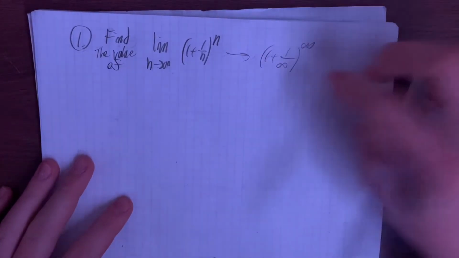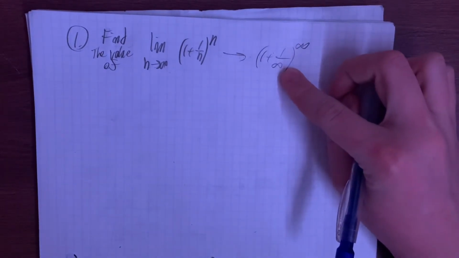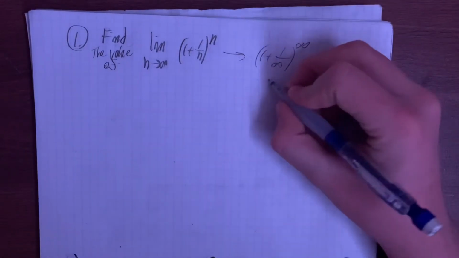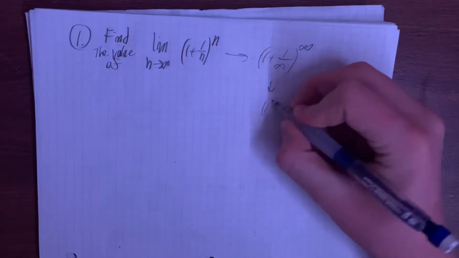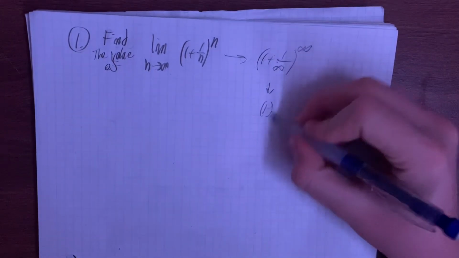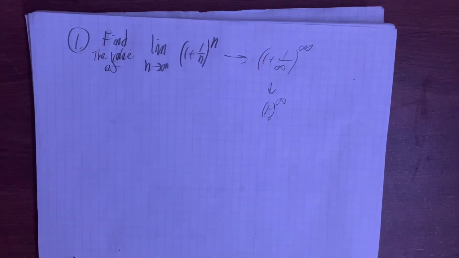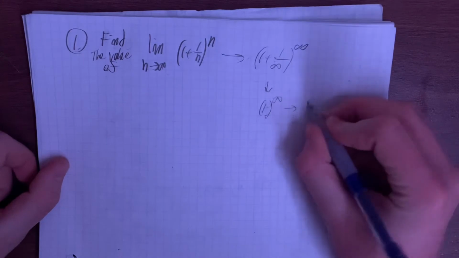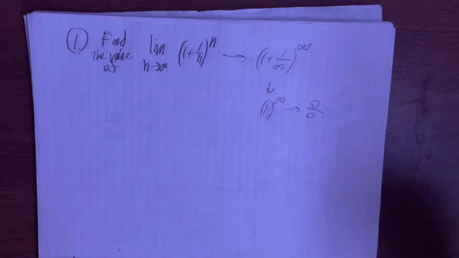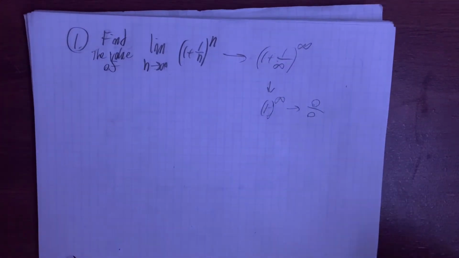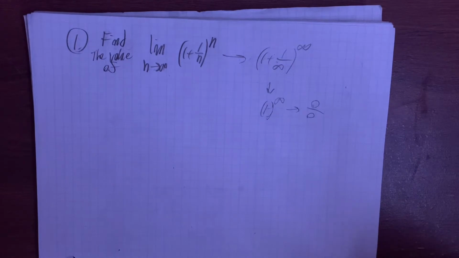Well, what's 1 over infinity? This is just 0. So we're just going to get 1 to the infinity, and this is undefined. So we have to do a bit more work to find this.